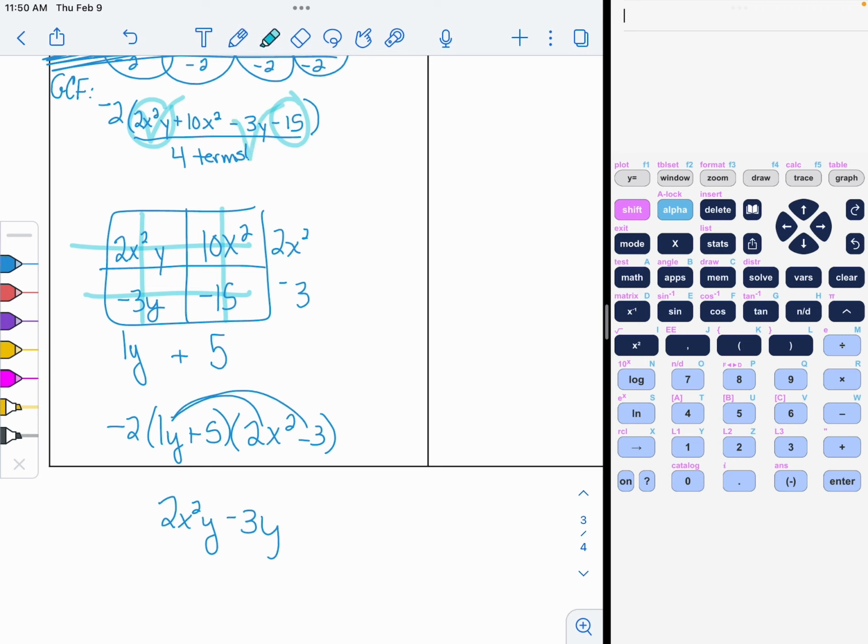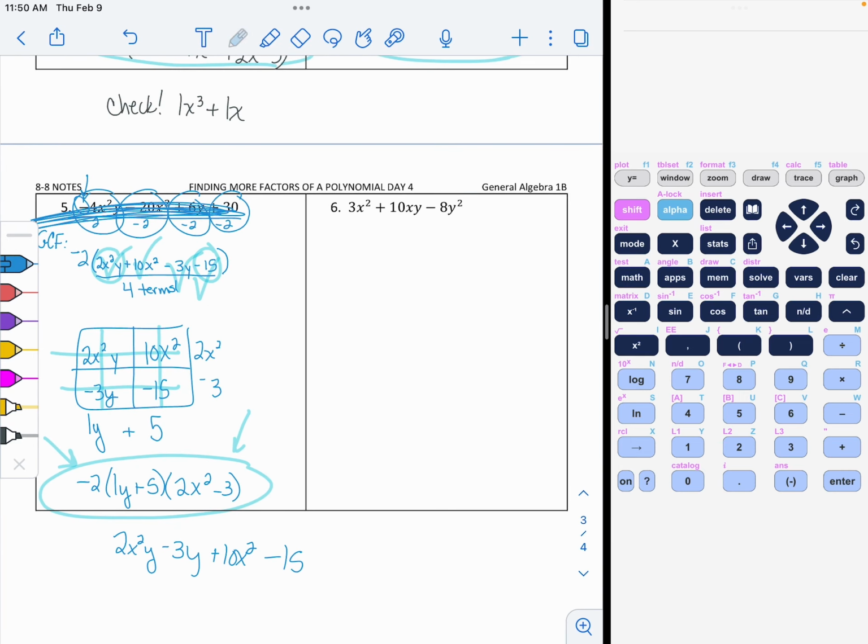Check. This is going to be a plus 10x squared. Check. And this is going to be a minus 15. Check. Okay, so this one was legit, unlike the last one that we did with 4 terms. This one checks back in, so my final factored form is right here.